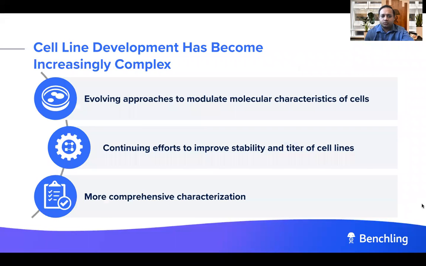Based on our experience working with customers doing cell line development, we see three major trends in the field. First, novel approaches to optimizing codons, constructing vectors such as plasmids, and engineering and selection of host systems are of active research interest.